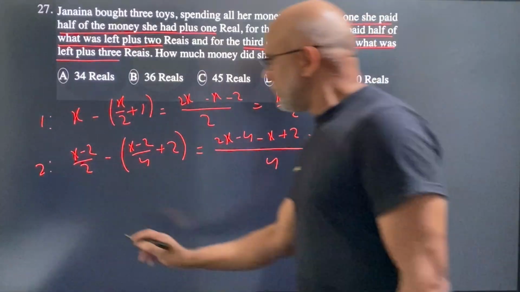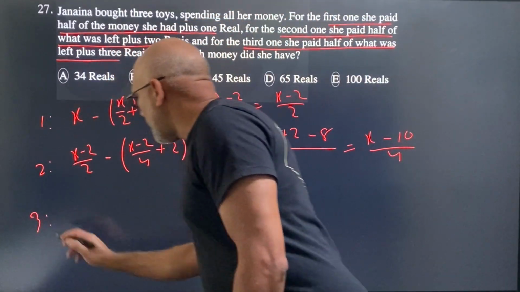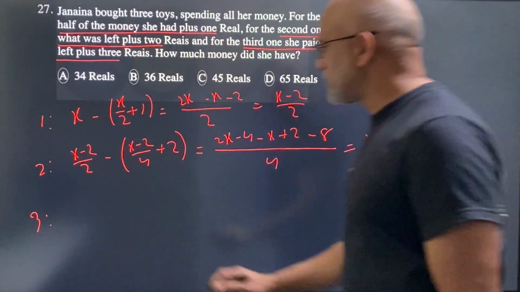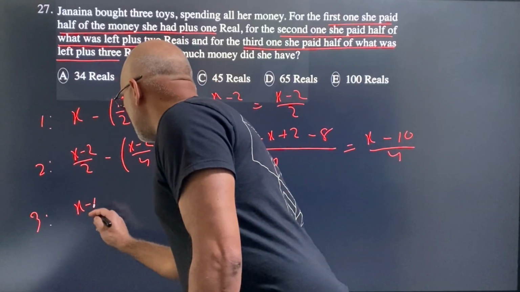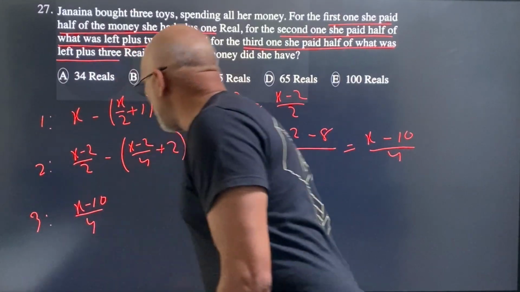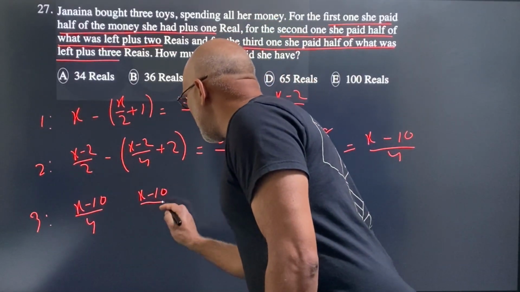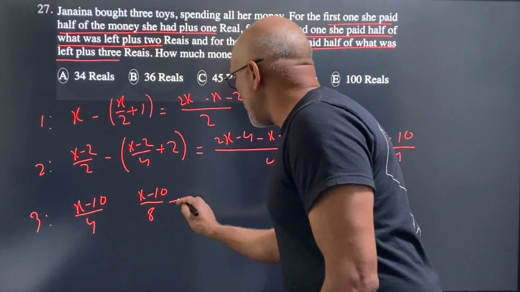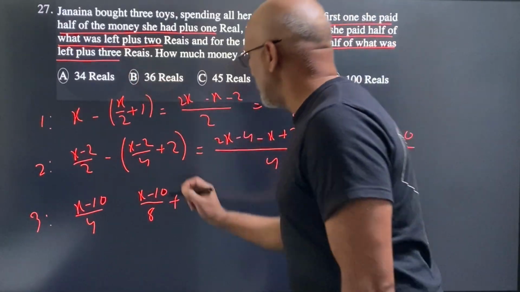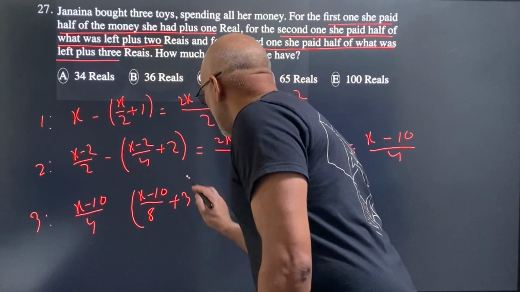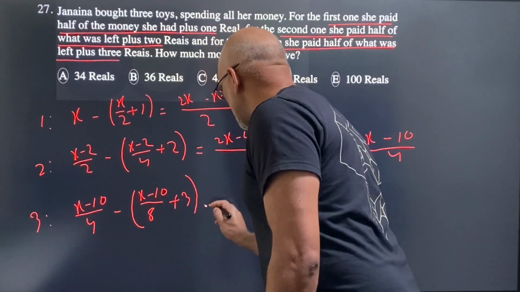Okay. So for the third toy, I start with this amount of money, (x minus 10) over 4. And I pay half of that. So that is (x minus 10) over 8, plus 3. So I'll be left with this much.